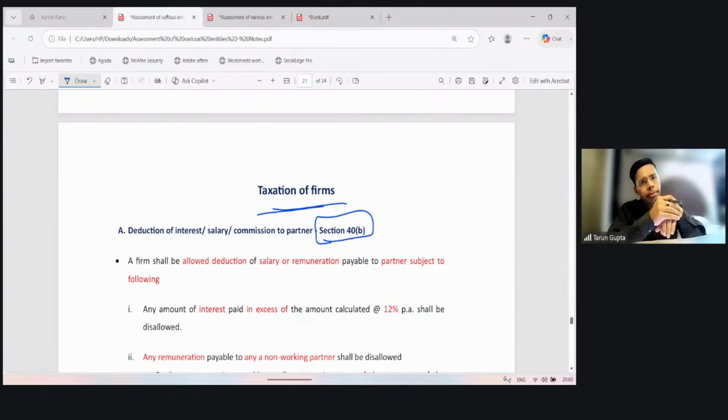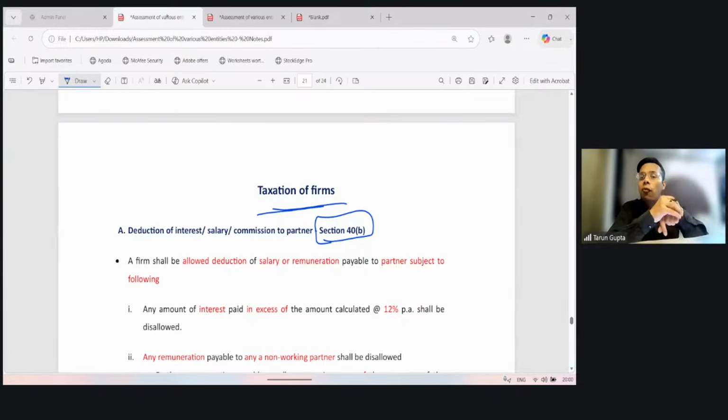What this provision says is that it restricts the allowability of salary and interest payment by a partnership firm to its partner. So it gives some conditions, some limits. In excess of such limits, the interest or salary payments are not allowed.